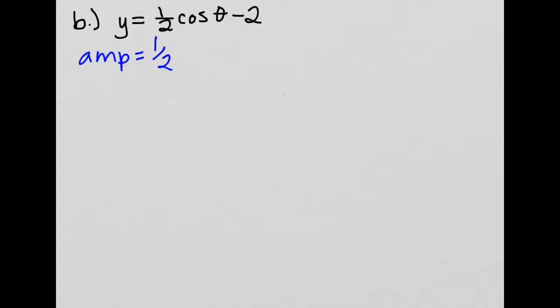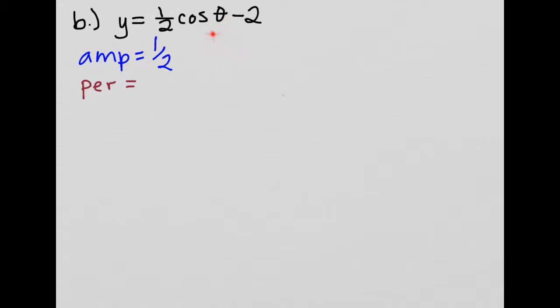And then let's do the period. And that is going to equal the number in front of the parentheses inside the trig function. Now there is no parentheses, so the only thing inside cosine is theta. And so there's no number written there, so we assume that's 1.